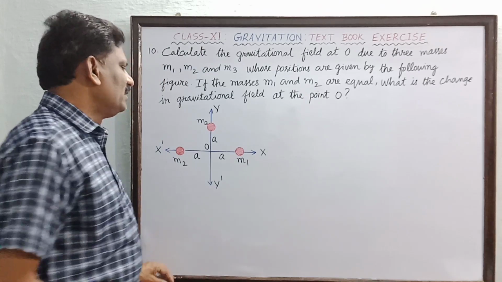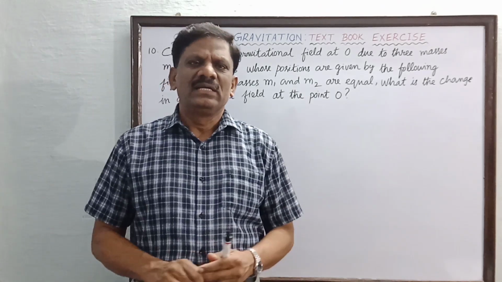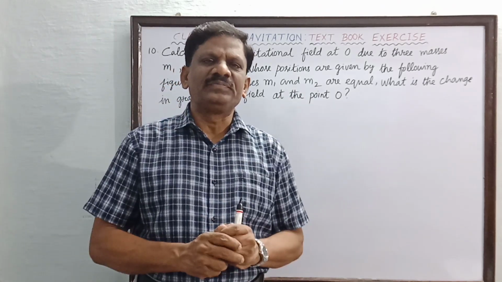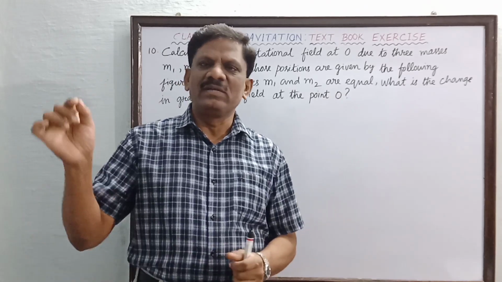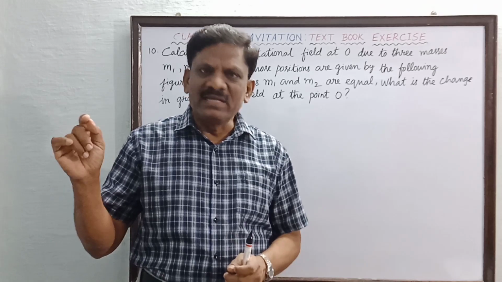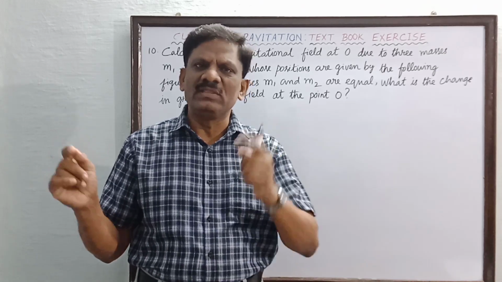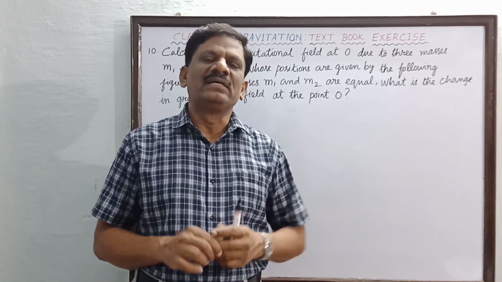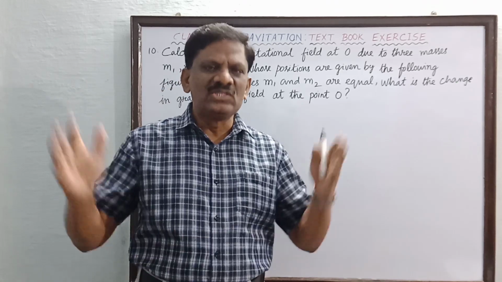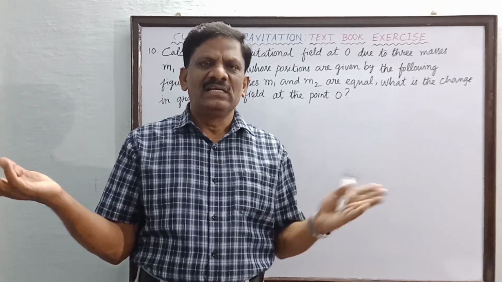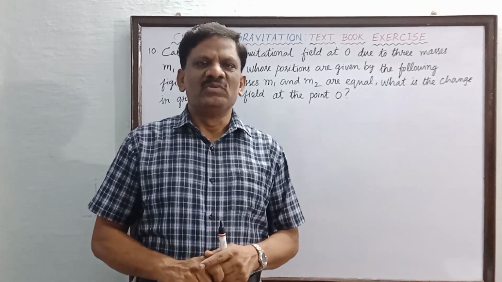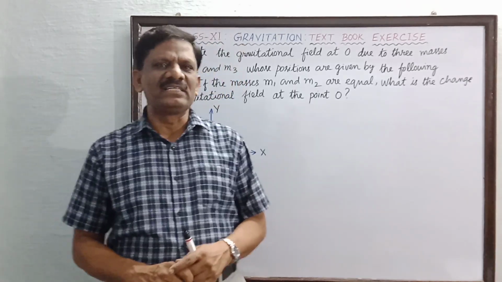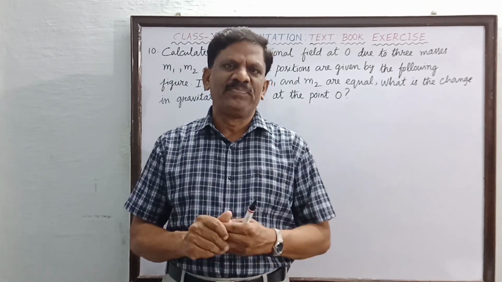First of all, you must know that if one mass is given, surrounding the mass there will be a gravitational field, and at one point there will be a gravitational field due to the given mass. Suppose that point lies between two different masses, then at that point there will be two gravitational fields, which is the algebraic sum of the gravitational field due to each mass.